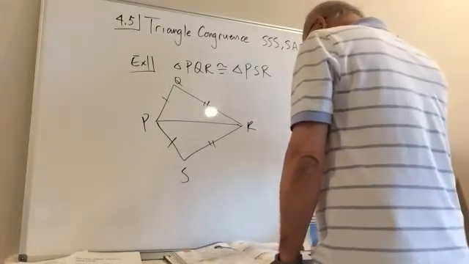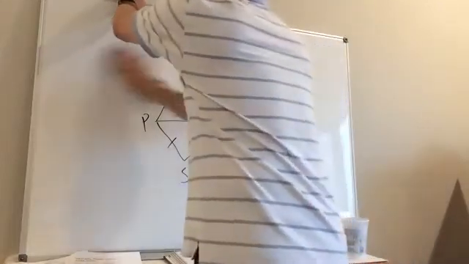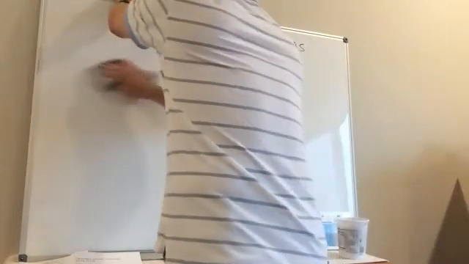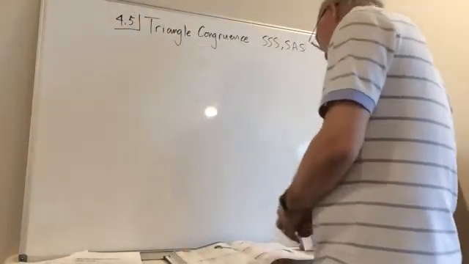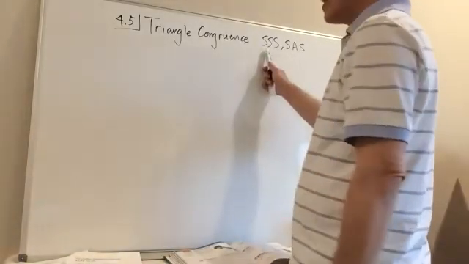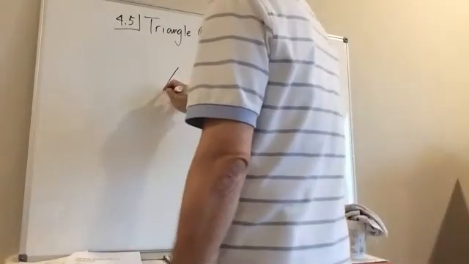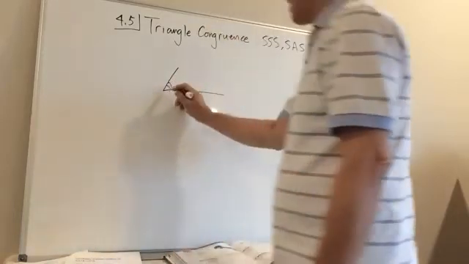The second one is postulate 4-5-2, on top of page 251. It says side, angle, side. The first one was side, side, side. The second one is a side, angle, and a different side.